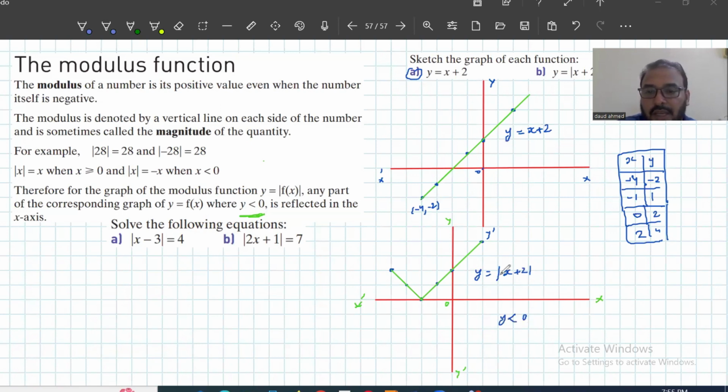If you check y at negative 4, for example, you have y is equal to negative 4 plus 2, and once you solve, this gives you negative 2. Because of the modulus, it would be changed into plus 2. So at negative 4, I write plus 2 up. Only when y is negative, it will reflect from the x-axis.